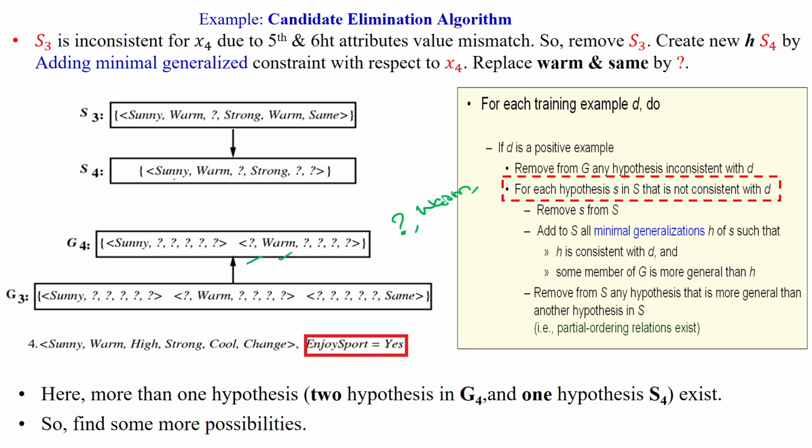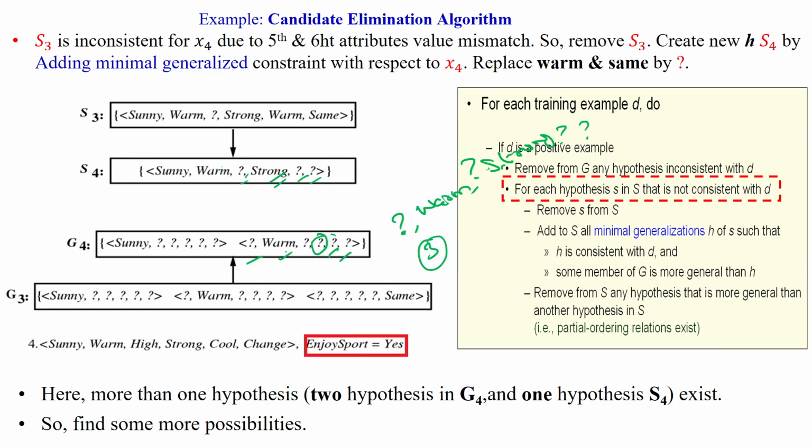Sunny we will have as it is, right? Warm, then question symbol. Then it is strong, so strong will replace this fourth constraint. So here we will have the strong. Then these two constraints we will have as they are. So now we got the third hypothesis.